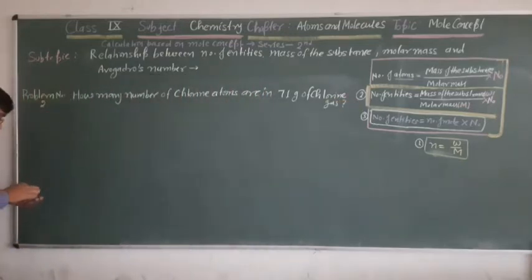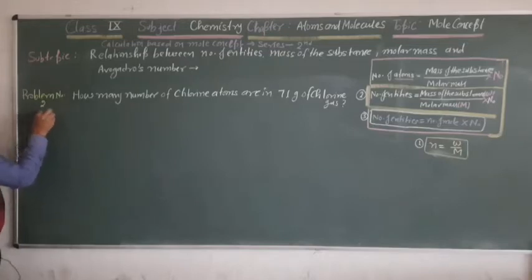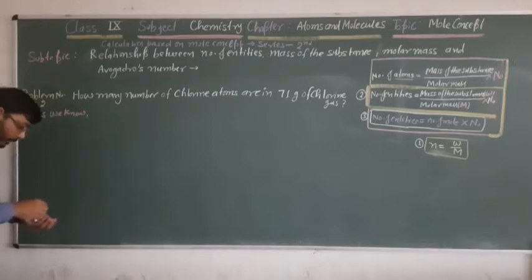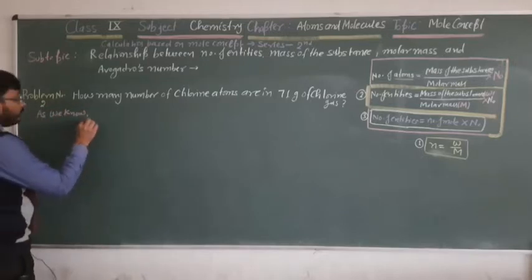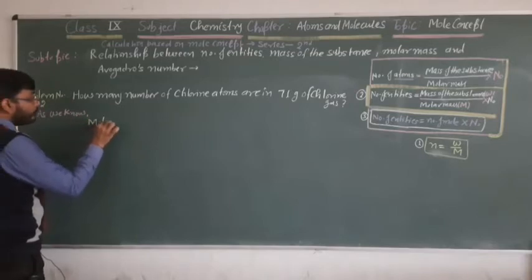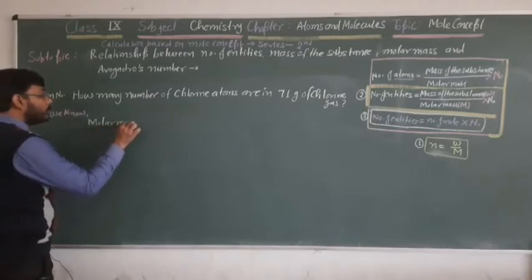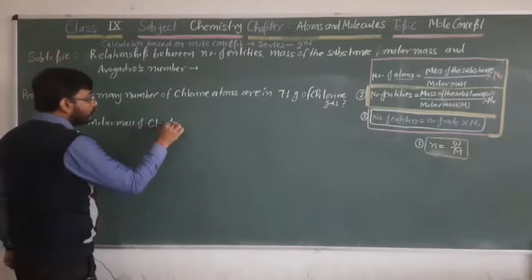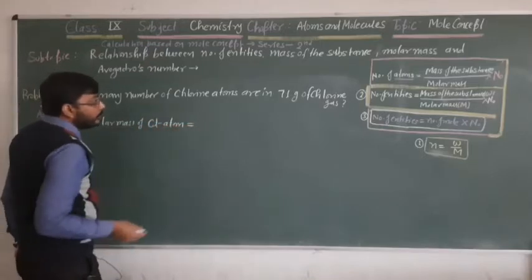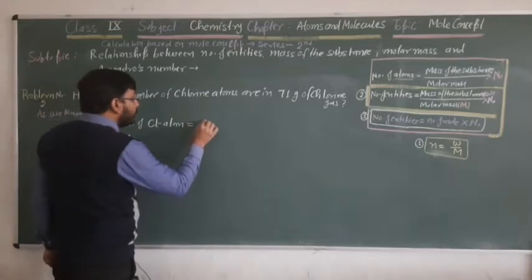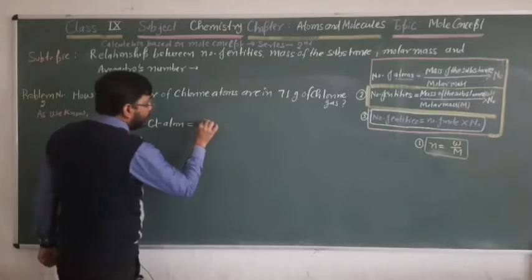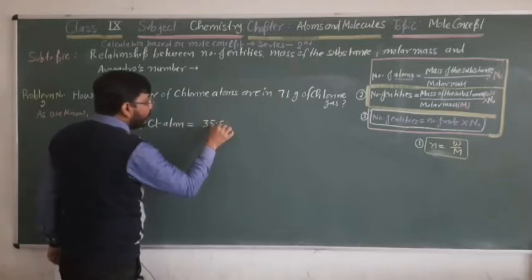First of all, as we know, the molar mass of chlorine atom is equal to 35.5 gram.